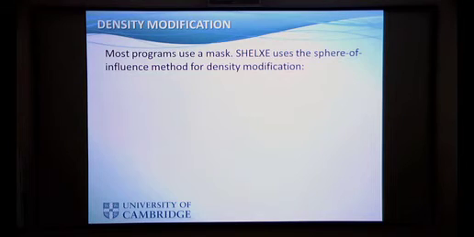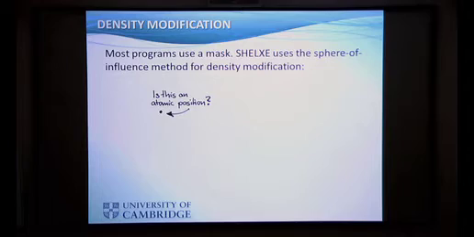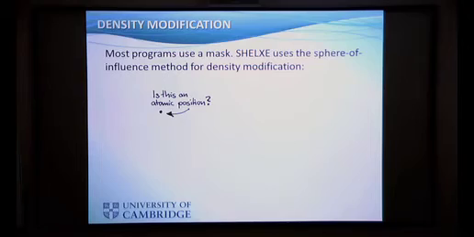In SHELXE, which is the program for density modification within SHELX, we use the sphere of influence method for density modification. I'll just give it as an example for density modification. So you have calculated your map with your initial phases. You had the intensity measurements, you have the phases, you can have the amplitudes, and calculate an initial map. You ask yourself if a certain position within that map is an atomic position.